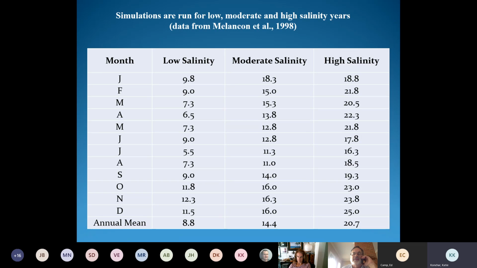So we have a low salinity scenario, which is a little less than 9 parts per thousand as an annual mean, a moderate salinity scenario, which is a little less than 15, and a high salinity scenario, which is about 21 parts per thousand. This was based on the oyster fishing zones in Louisiana from a publication by Melancon et al. Next slide.